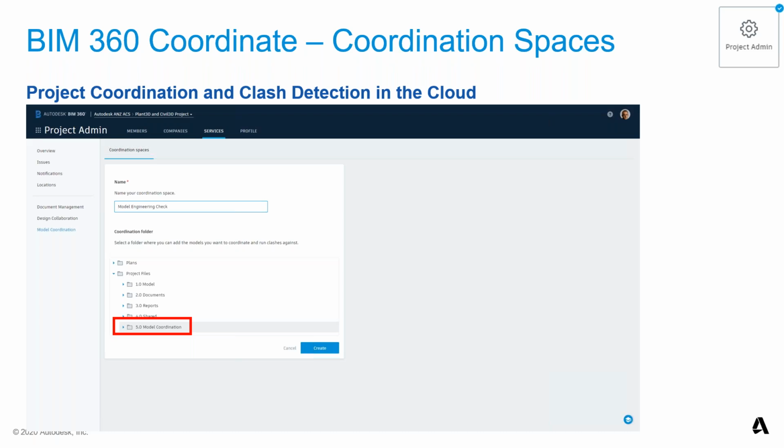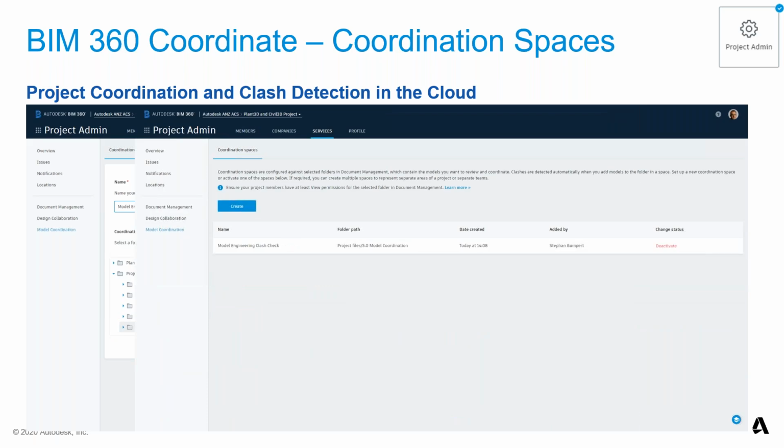Once you select create, the coordination space is active in the BIM 360 project. Project administrators can deactivate this at any stage. So once you've done all that, it is active and everything happens automatically in the background. It's that simple. If you need to, you can deactivate it at any stage, as a project administrator, or I guess, as an account administrator as well.